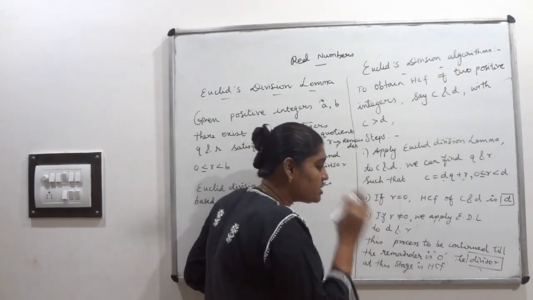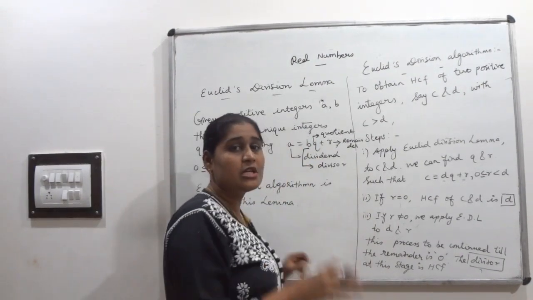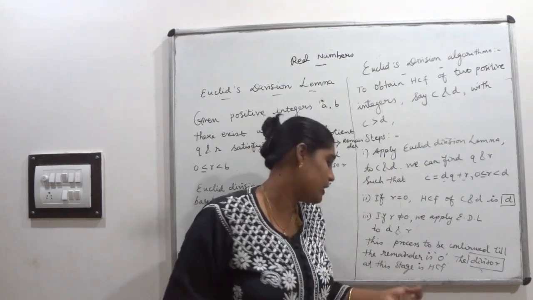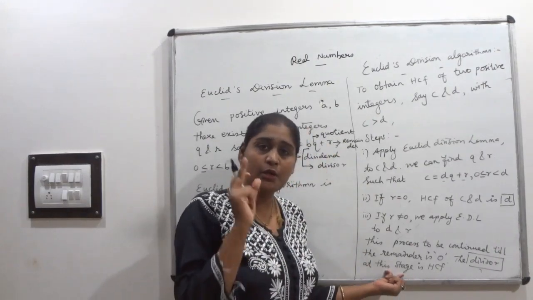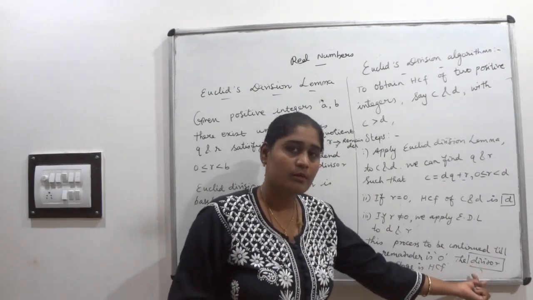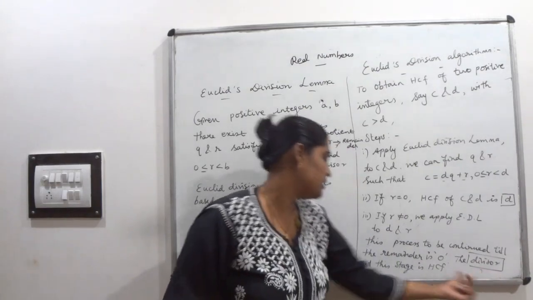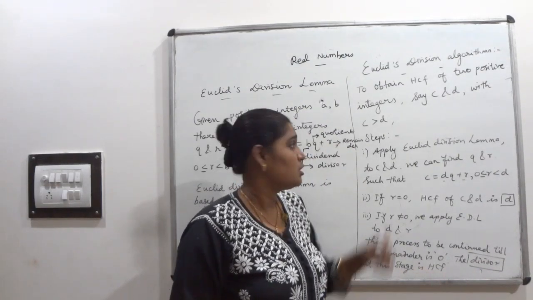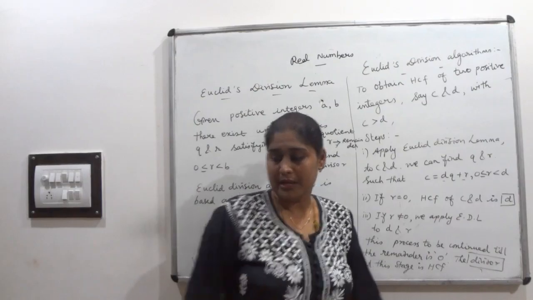If the remainder is 0, that time your divisor is the HCF of the particular two numbers. See, look here. What is your divisor? That's your HCF. So we are going to see this one by some examples.